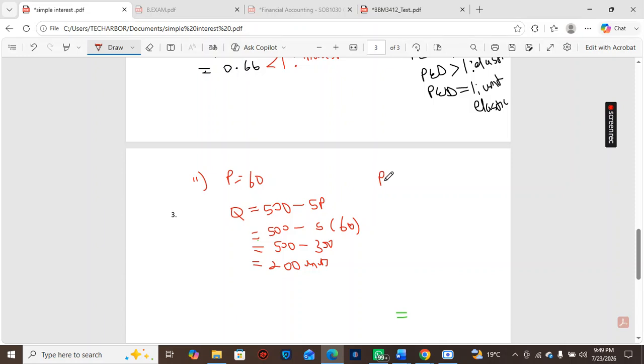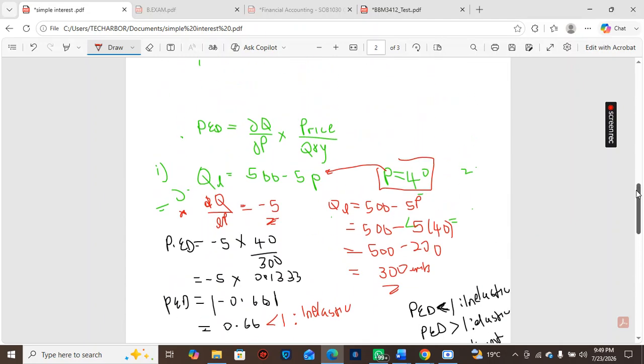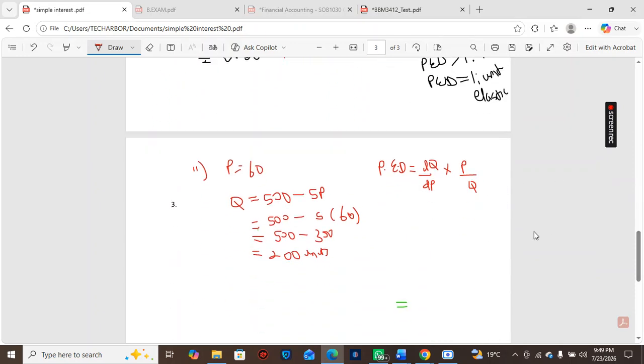So remember, on price elasticity of demand, PED equals the derivative of the demand function with respect to P, multiplied by the price over quantity. Colleagues, remember we already derived our demand function with respect to P, and we got negative 5. So here, this is negative 5 multiplied by the price, 60, over the quantity, 200 units.